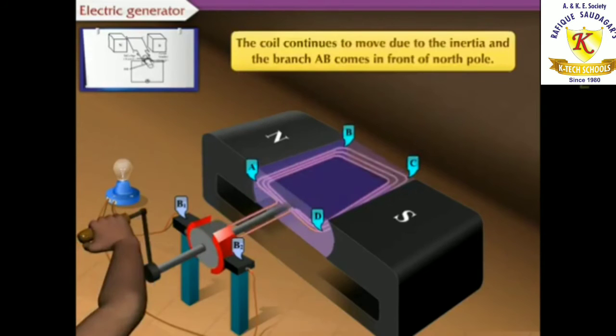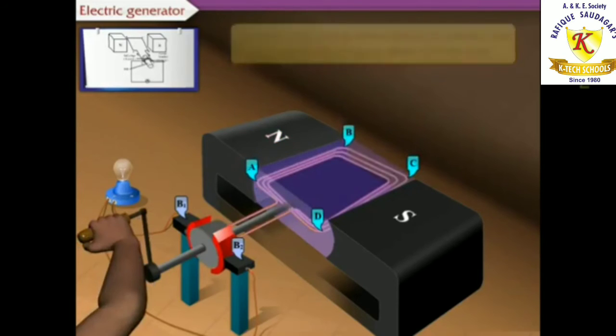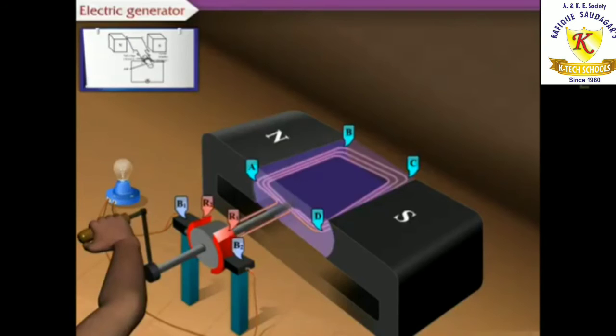The coil continues to move due to inertia and the branch AB comes in front of the North Pole. Now the ring R1 comes into contact with brush B2 and R2 with B1.